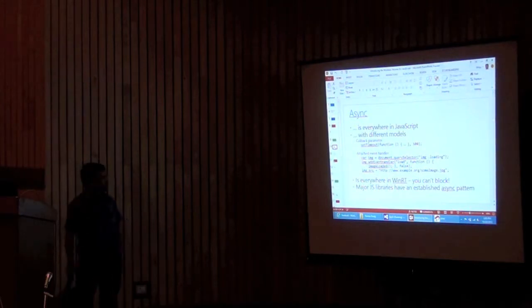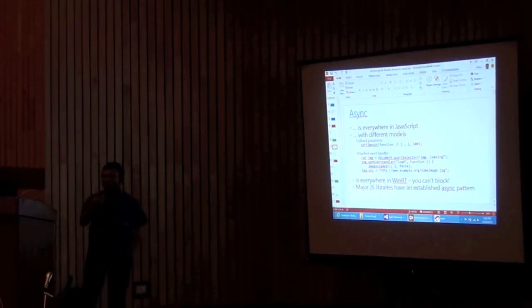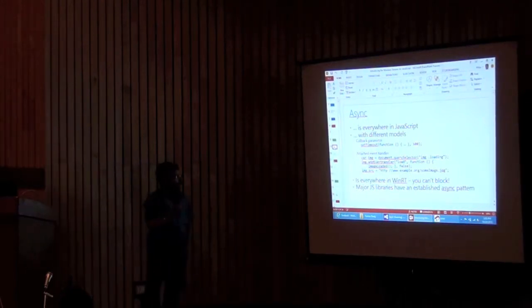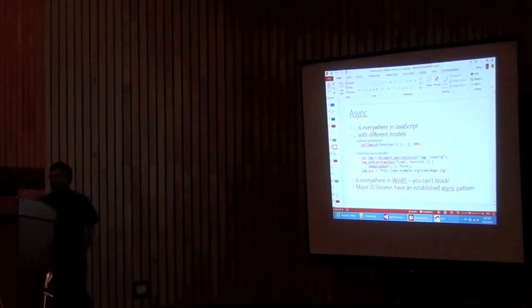You can also use an event handler mechanism, have some element and associate a function to a certain event of that element. For example, the image tag, while it is loading, you want to do something. What we follow within WinJS is the second pattern, and it's fairly simple.